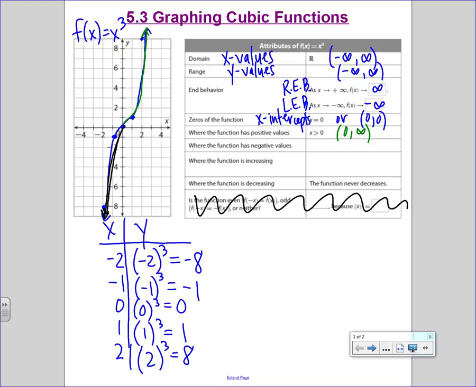That's for x is negative infinity to where x is 0. So negative infinity to 0 is where the function has negative values. Okay? Then we're going to do the other two, increasing and stuff, either tomorrow or not Monday, Tuesday.